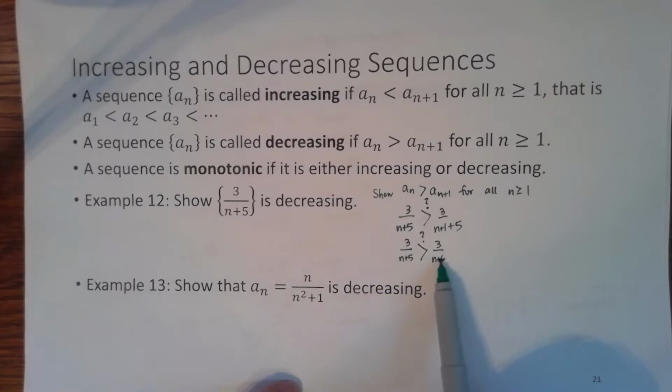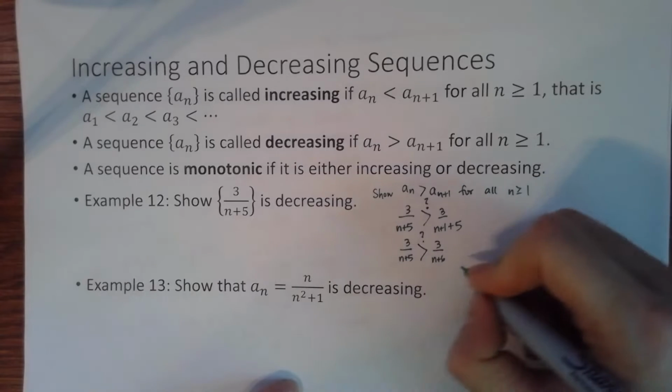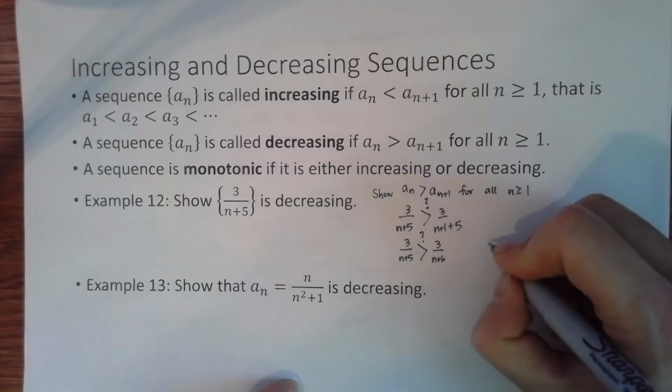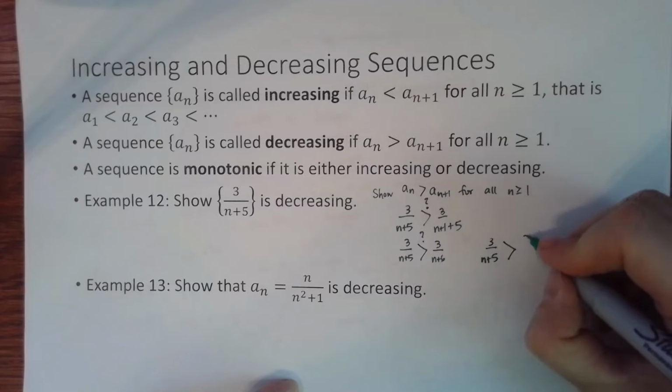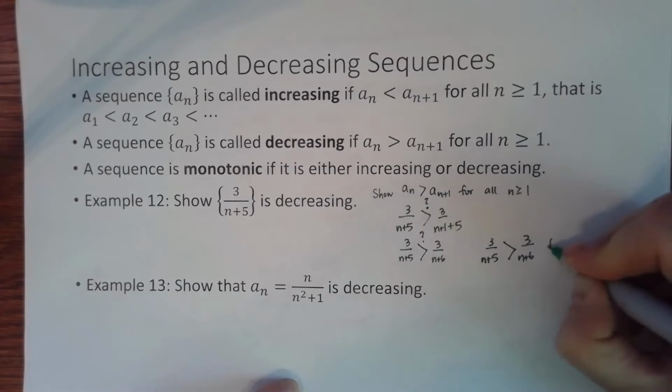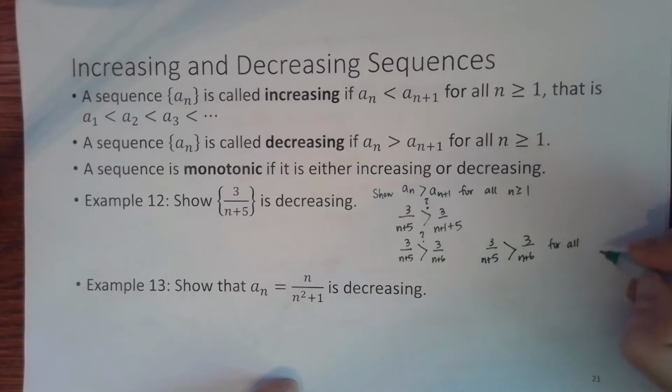Since this denominator is larger, this fraction will be smaller and this fraction will be bigger. So 3 over n plus 5 is indeed greater than 3 over n plus 6 for all n greater than or equal to 1. So it's decreasing.